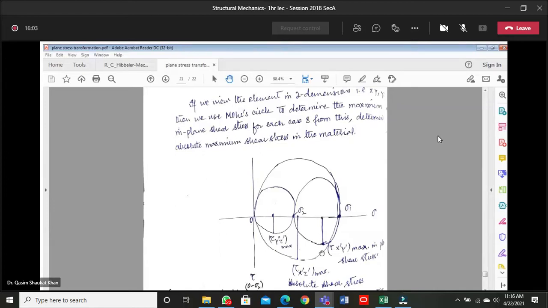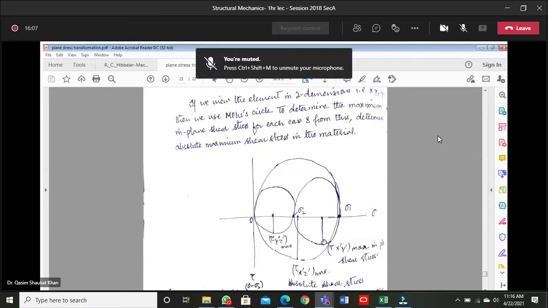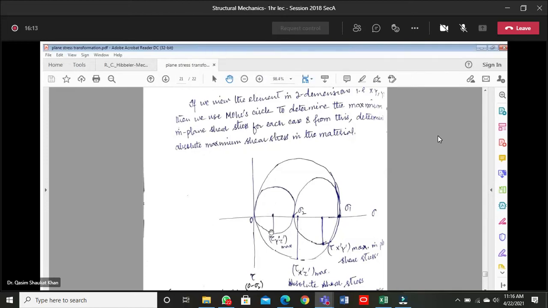Now you have 3 Mohr circles, and corresponding to each Mohr circle we have the maximum shear stress. Now we need the absolute maximum shear stress and the maximum in-plane shear stress.